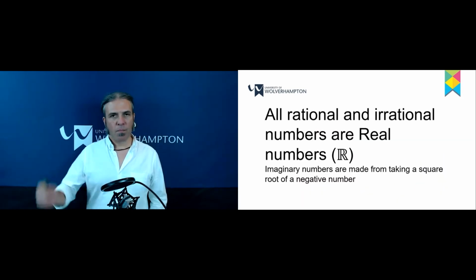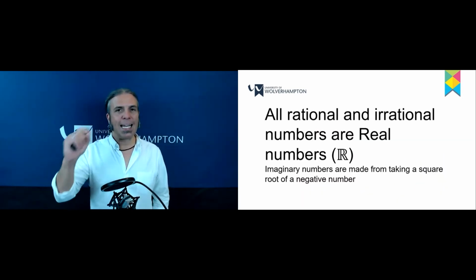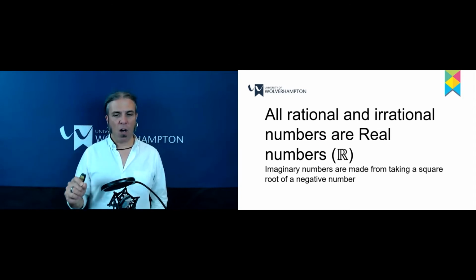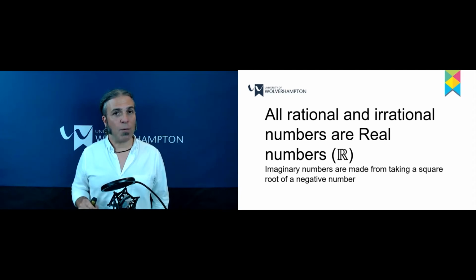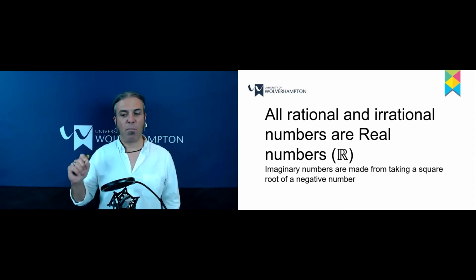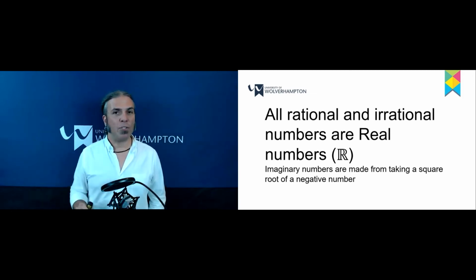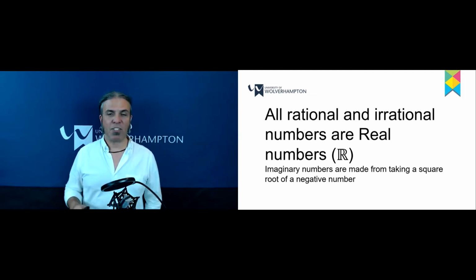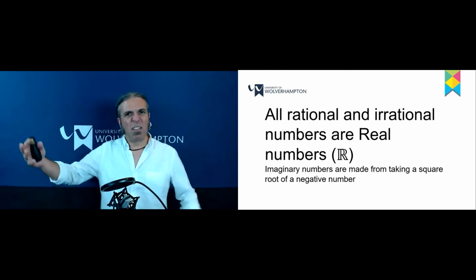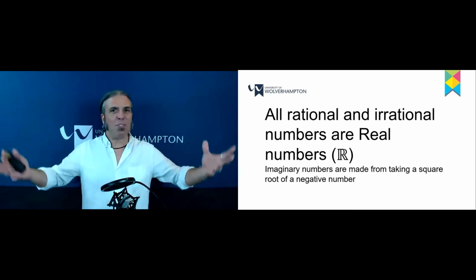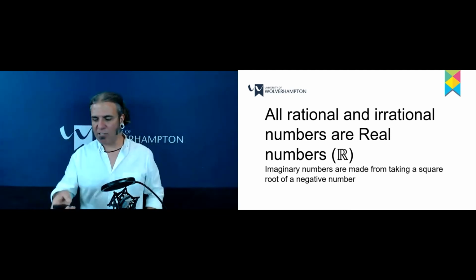All rational and irrational numbers are real numbers. But because this is maths, we could also have imaginary numbers, and they are produced from taking a square root of a negative number. Because they can't exist, they don't really exist, but they might sometimes be used. But they're called imaginary numbers.